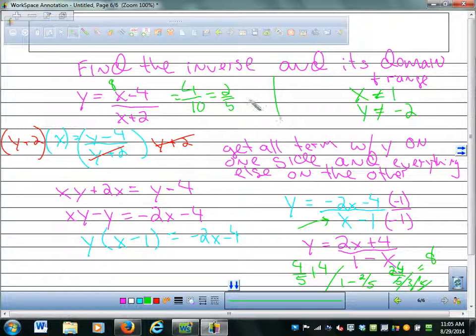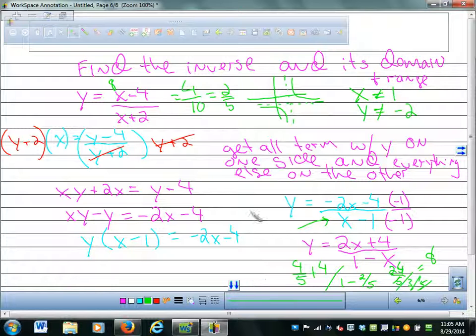If I were to graph this function, I don't know what it is, it has an asymptote at 1 and another asymptote at -2. So I think it either looks like this or it's going the other way.